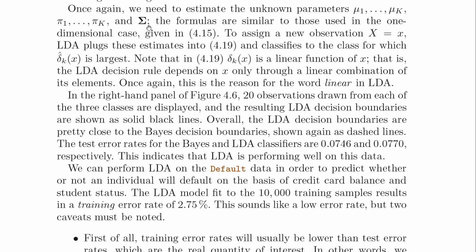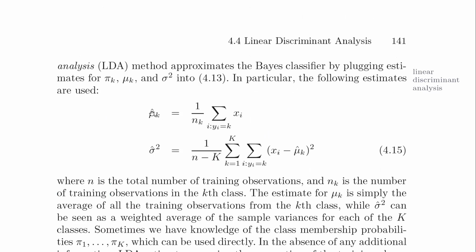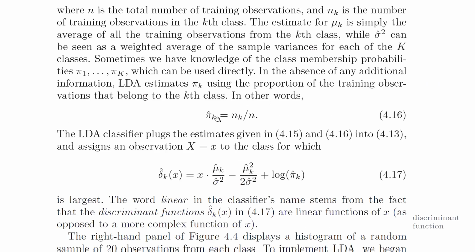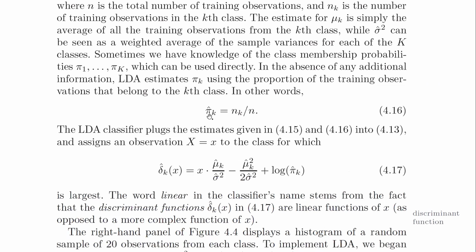Neither would you know the covariance matrix. But just like when we had one predictor variable, there are these formulae that give you an estimate of the mu k's, the sigmas, and the pi k's. The pi k is just the prior probability.